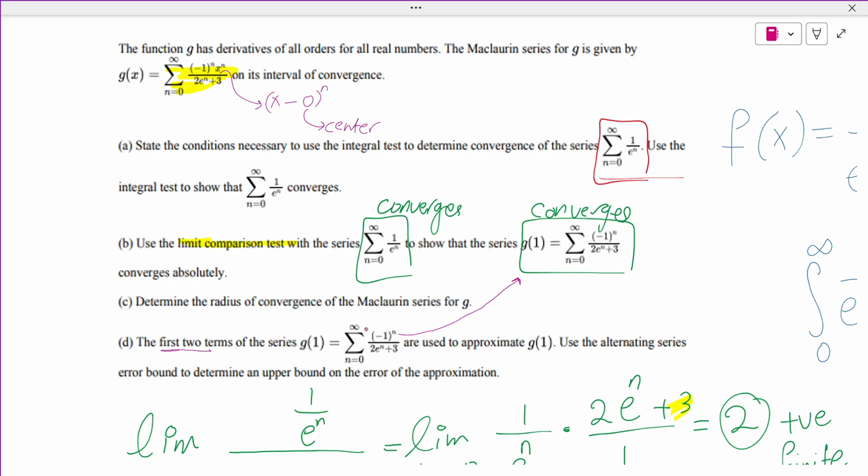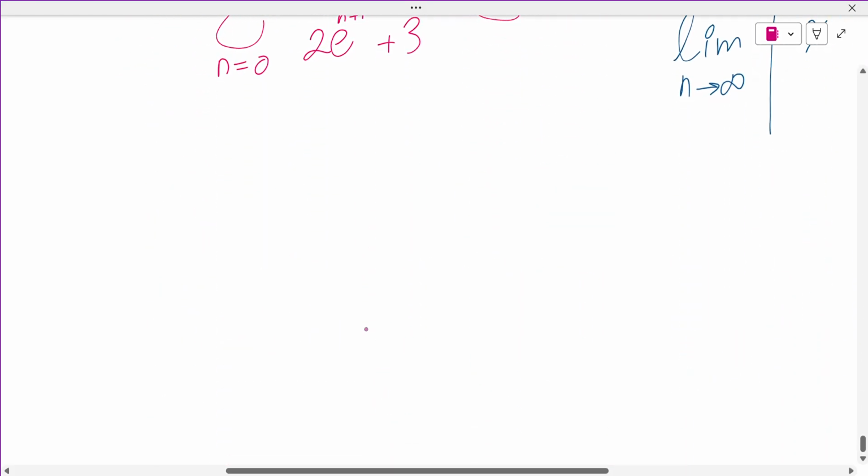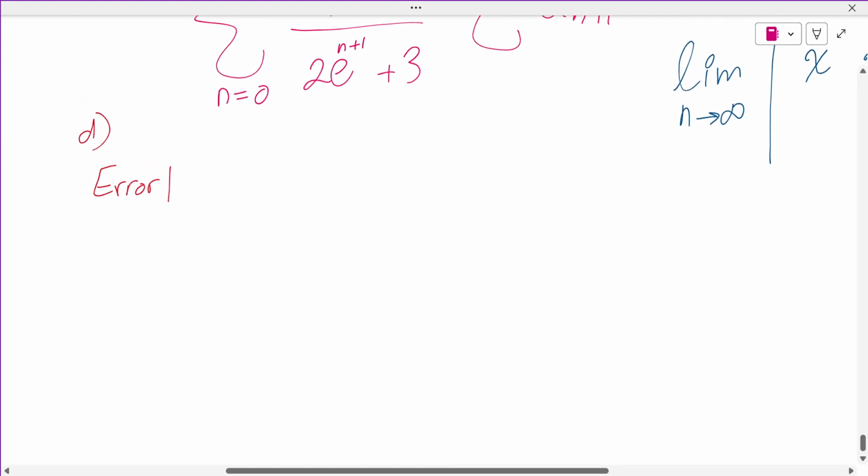So the maximum error bound is given by what? The error, this is part D. The error with absolute value is at most what? A n plus 1, which is A3 in this case. Which term is it?